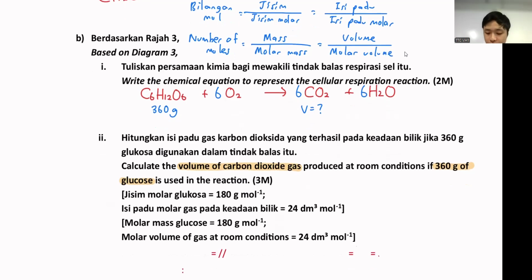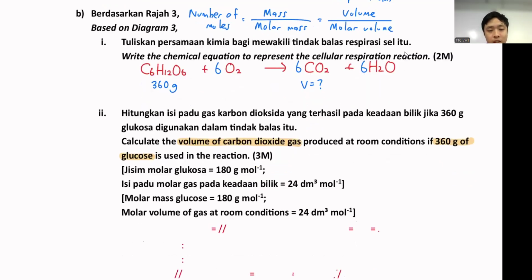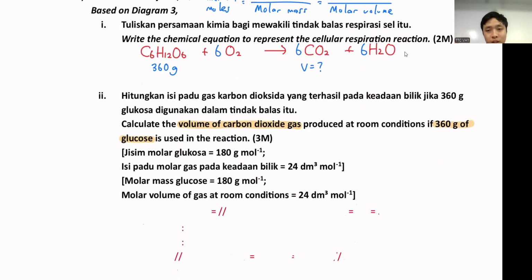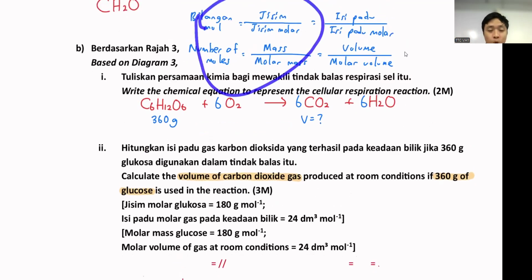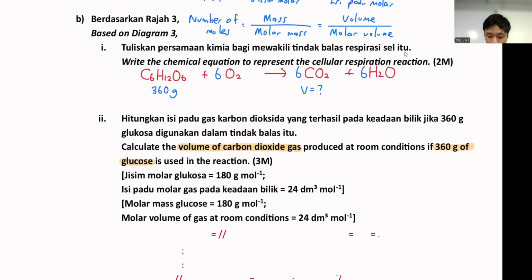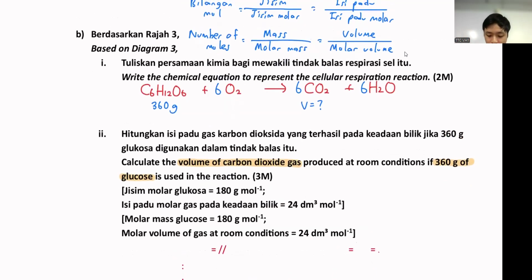So first step, since you always start with the information given, you have to use this formula: mass over molar mass. The mass is obviously 360 gram.